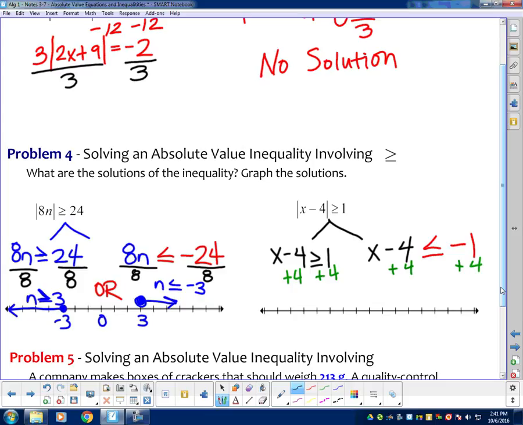What do we get for this one? Anybody? X is greater than or equal to 5 and less than or equal to 3.